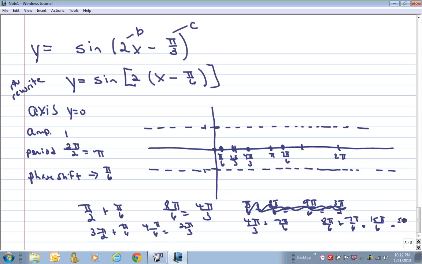That's going to be 5 pi over 2. You know what? I'm not sure I like the way I approached this problem. I'm going to start over.